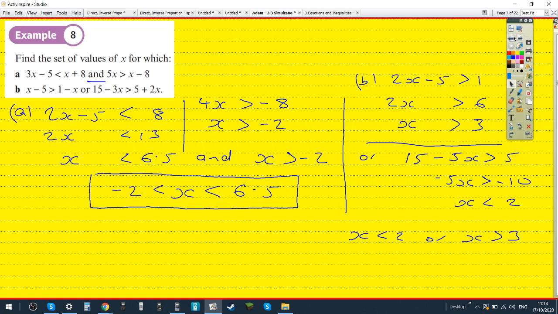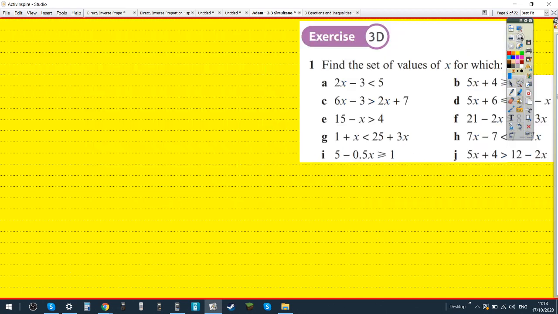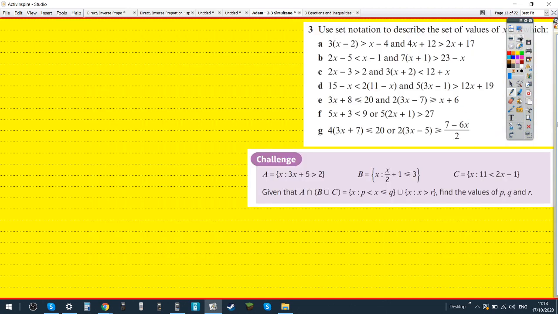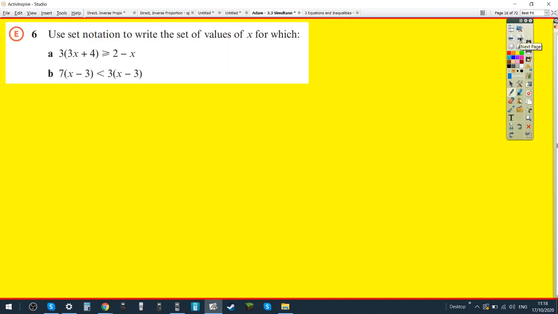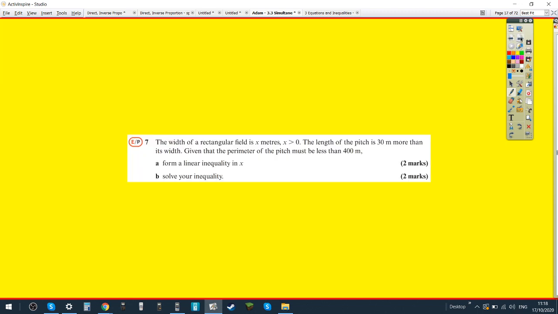If it was x is less than 2, so let's say this one here, you would just do curly brackets and x such that, and then you would put this. Maybe it uses these weird symbols. Yeah, it uses these weird symbols. I'll leave that. So set notation, I'll look at that sometime.